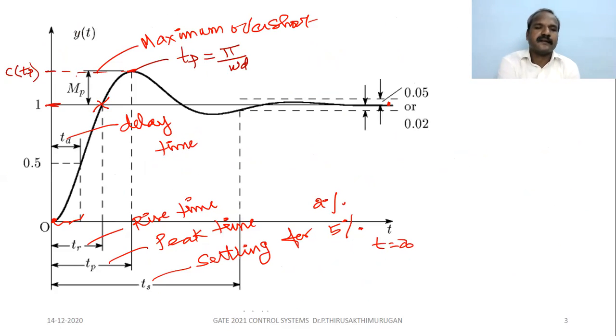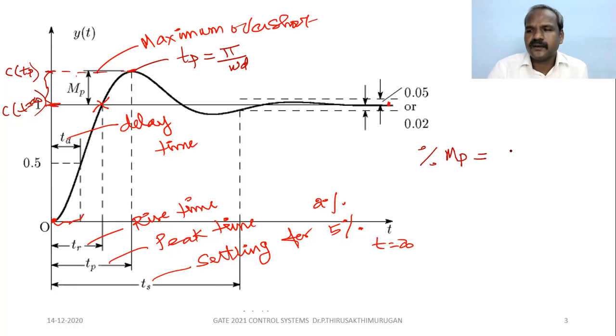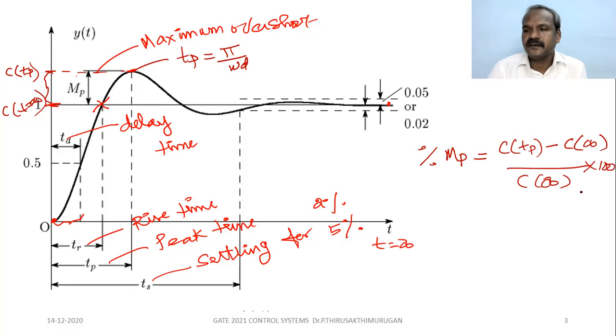The maximum overshoot is the difference between these two: C of TP and the steady state value, C of t equal to infinity. So maximum overshoot, the percentage overshoot, equals C of TP minus C of infinity divided by C of infinity, into 100%. So this is the percentage overshoot. Clear?